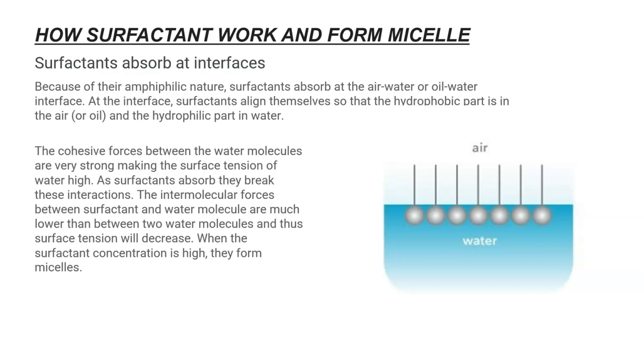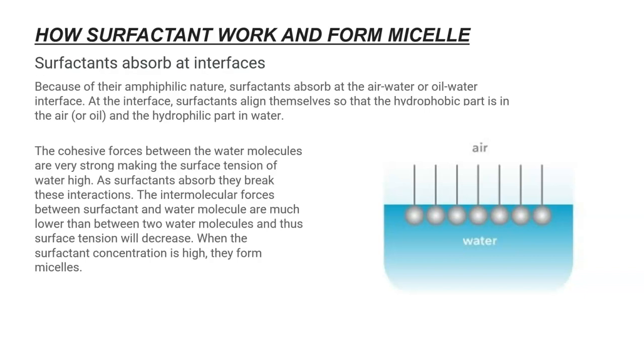The cohesive forces between the water molecules are very strong due to the hydrogen bonding, so its surface tension is very high. As the surfactants adsorb, they break these interactions. The intermolecular forces between the surfactant and the water molecule are much lower than between two water molecules, because those are hydrogen bonding and these are just weak interactions.